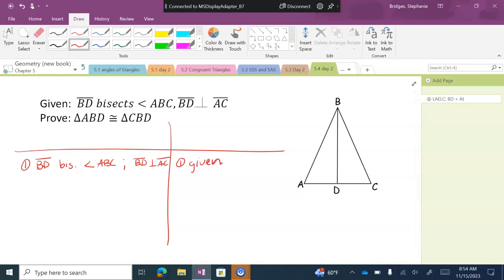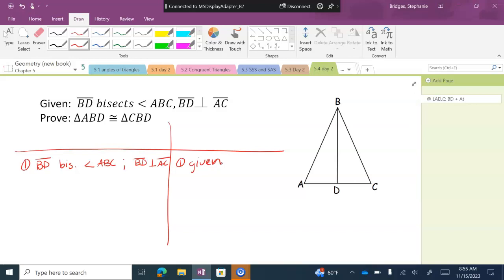Now, what does the very first part of our given information say? BD does what? Bisects angle ABC. So if I'm told I have an angle bisector, my next statement should be able to name what angles are congruent. Okay, so let's look at our picture.